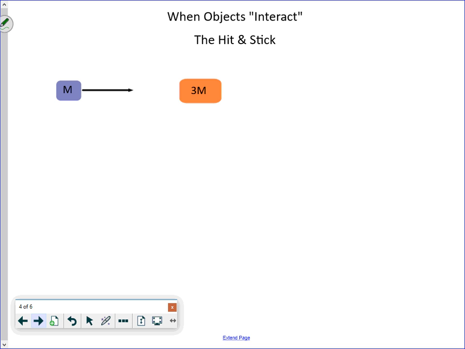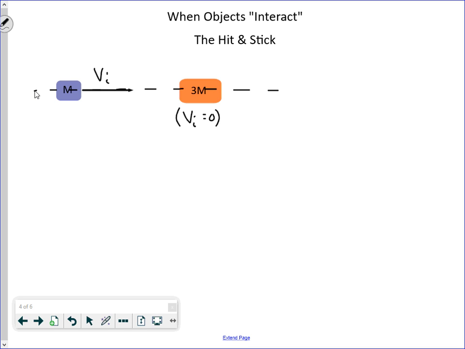Let's apply it to a case like this. Here are two objects, and we're going to say that they are limited in this case to moving in one dimension. All they can do is move on this line. This mass m has an initial velocity v initial like that, and mass 3m has an initial velocity of 0.